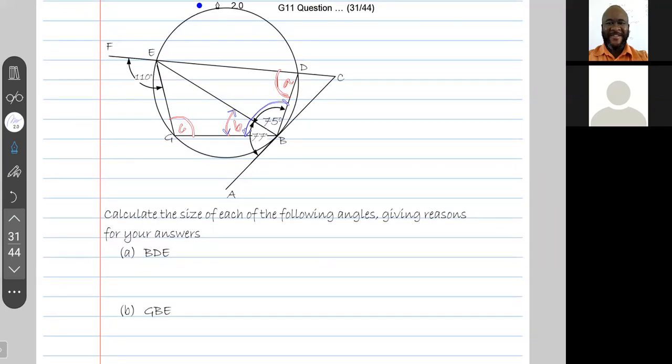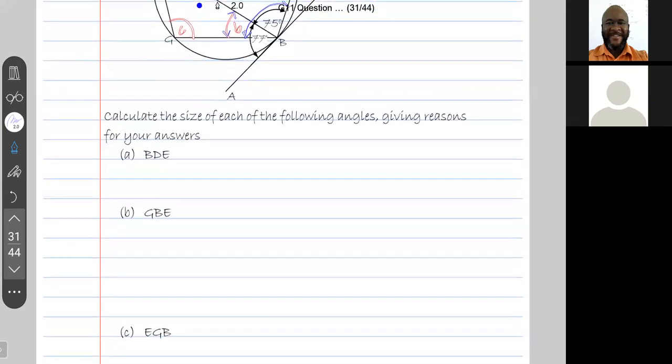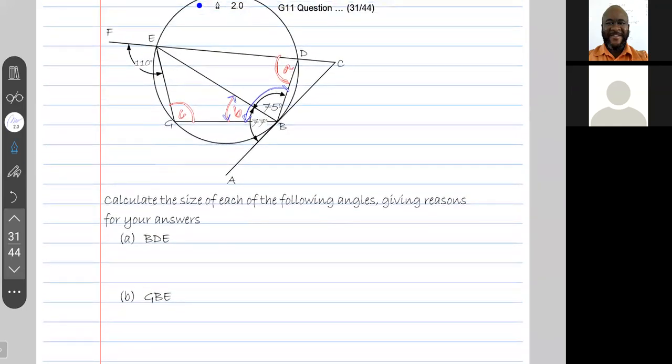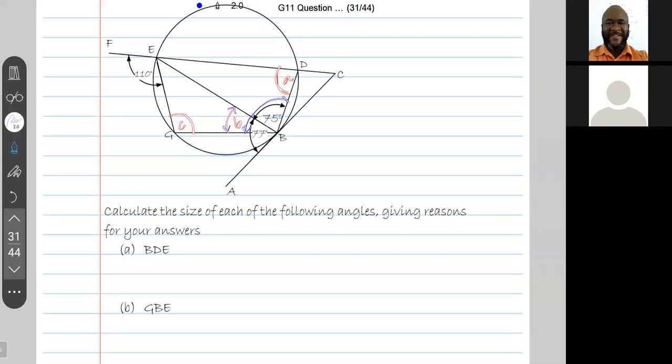We need angle BDE, that's the angle we indicate in the diagram as A. Angle GBE, in the diagram I indicate that as B. And angle EGB, in the diagram we indicate that as C. So we need to find A, B, and C in the diagram.